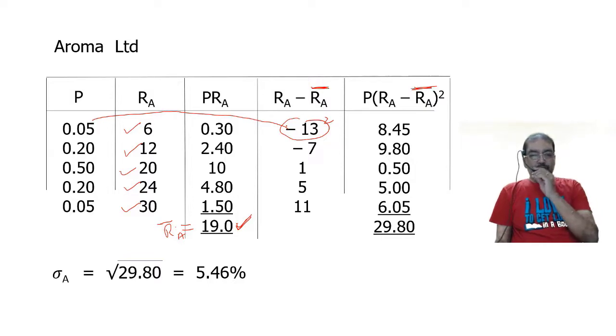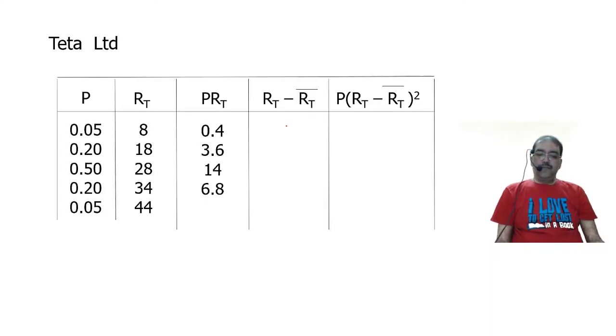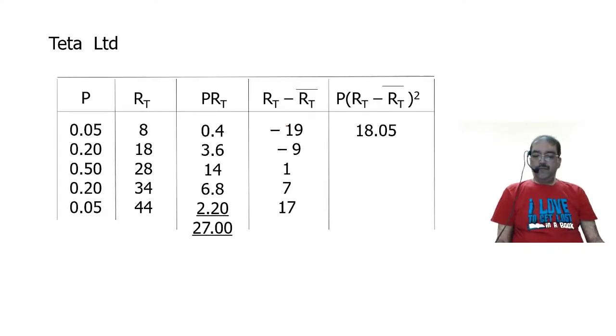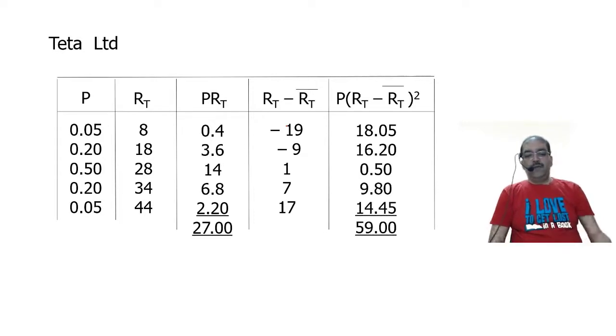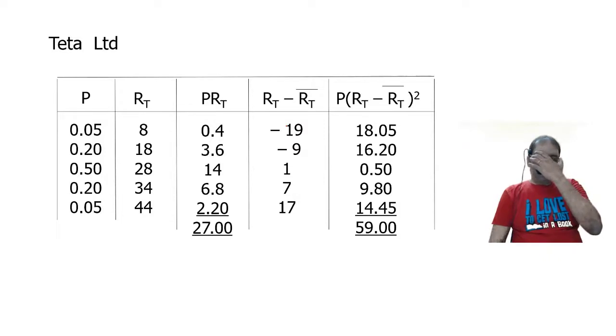Same way I have to do it for Theta Limited also. Probabilities, returns, multiply, and you'll get the product.